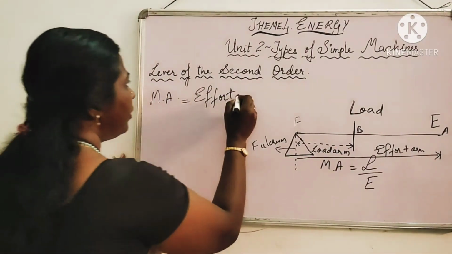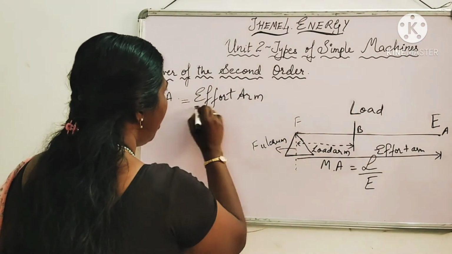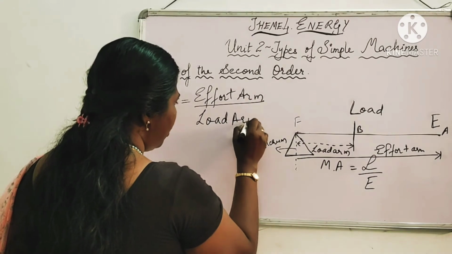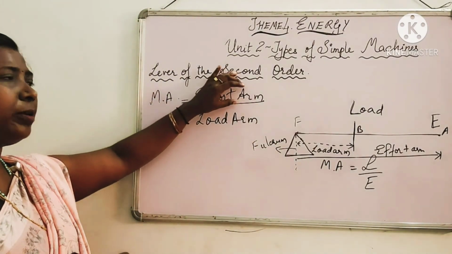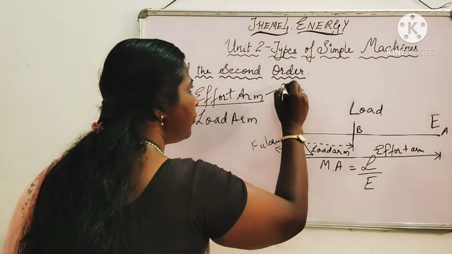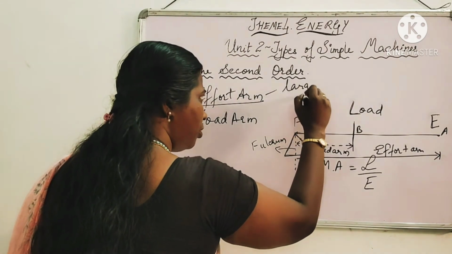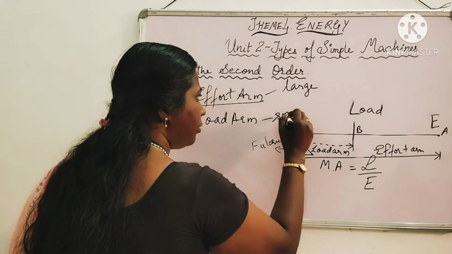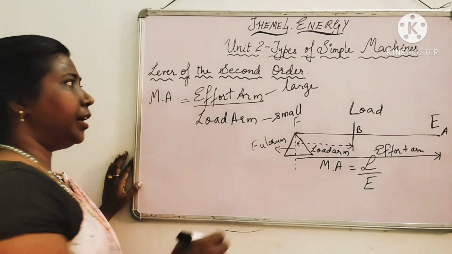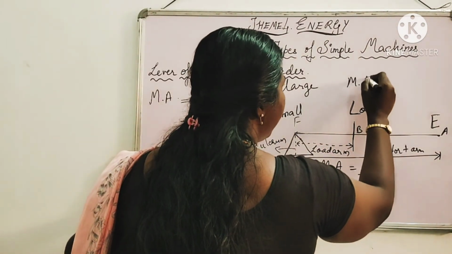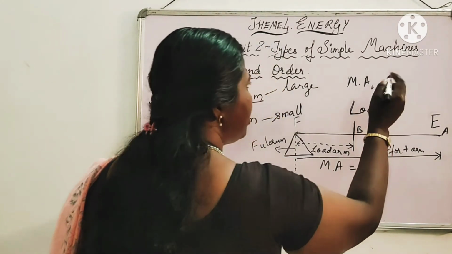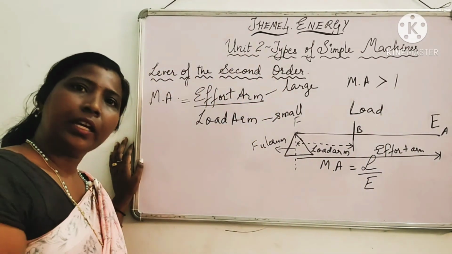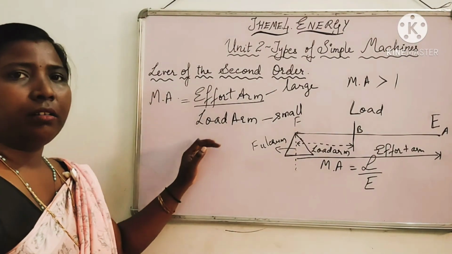So this effort arm will be large, and the load arm will be small. That means when we calculate it, the mechanical advantage will be greater than 1. Is that clear, students? Now you understood?